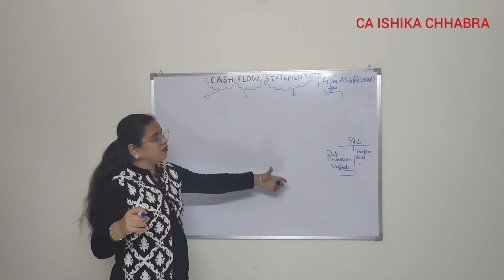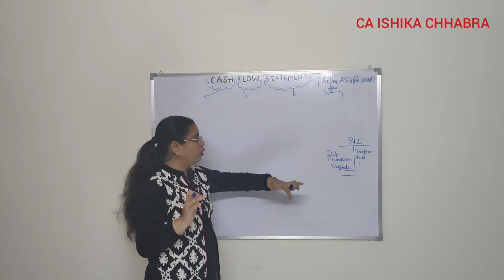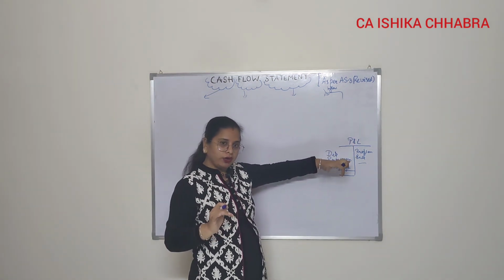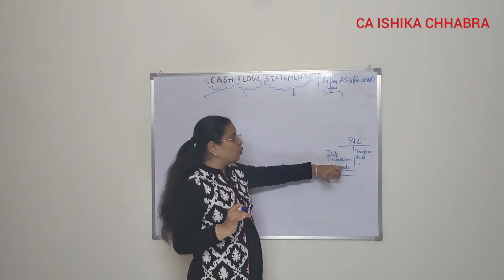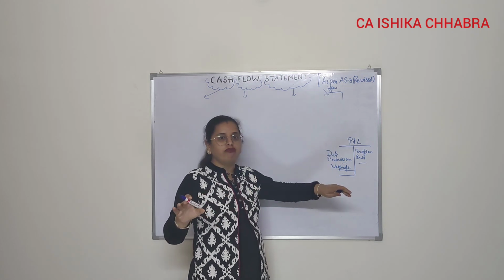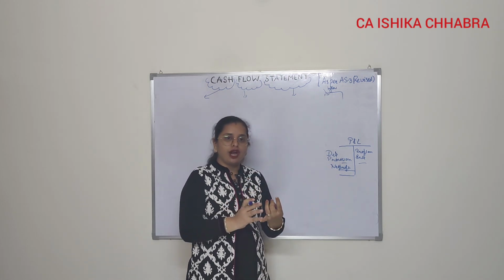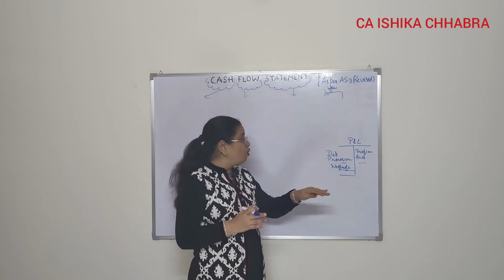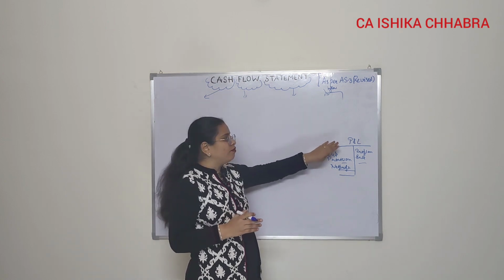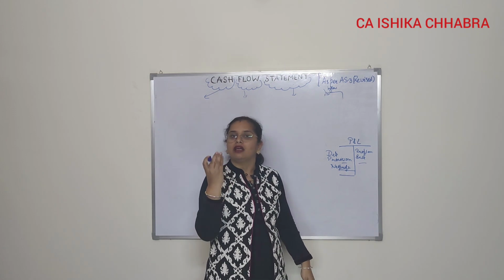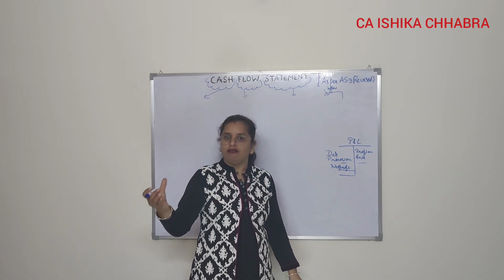So if we keep this P and L in our mind, we have to go upward, backward working. We have to remove those items from the net profit, because they are diluted items, having cash and non-cash items also. So we have to remove those items so that we can get the exact cash from our different activities.